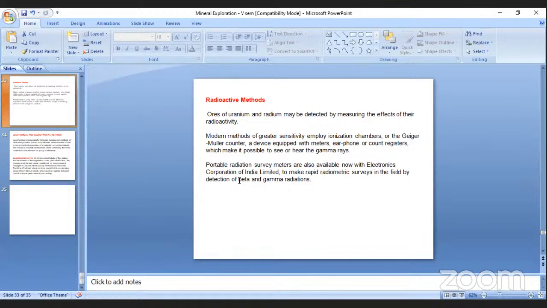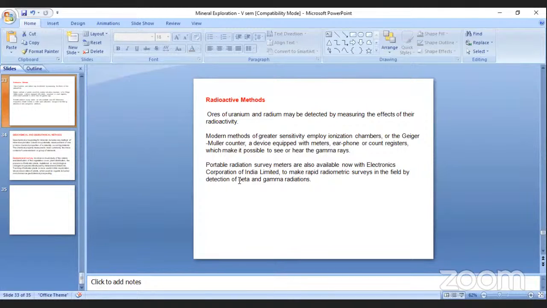Whatever gamma rays the rock surface releases outside are detected by this gamma ray spectrometer, and it directly shows the results at ppm level and percentage level. So this is advanced equipment.